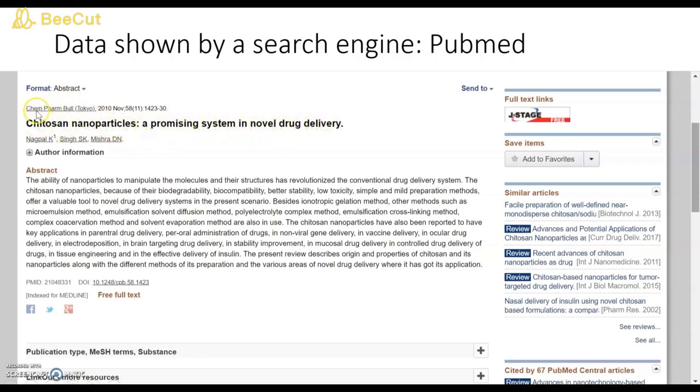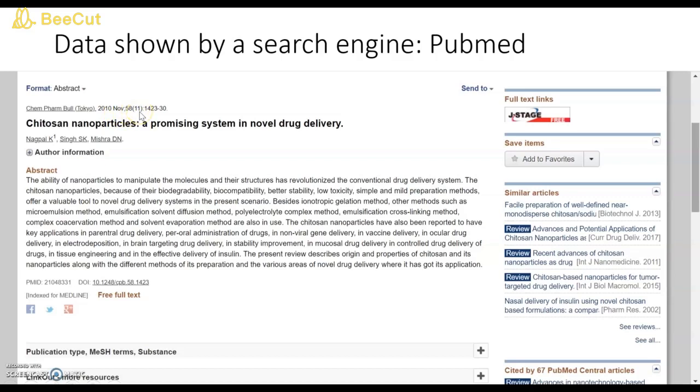Here, Chem Pharm Bull in brackets Tokyo, this is the name of the journal in which this particular work got published. The year is reflected here, 2010. It got published in the November 2010 issue, the volume is 58, and the issue number is 11.